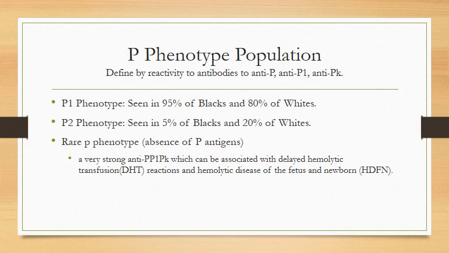The second most common phenotype is P2, which is seen in 5% of blacks or 20% of whites. The other three phenotypes are very rare. For example, a very strong anti-PP1PK antibody can be associated with delayed HTR and HDFN, but there is an absence of P antigens on the red blood cells.